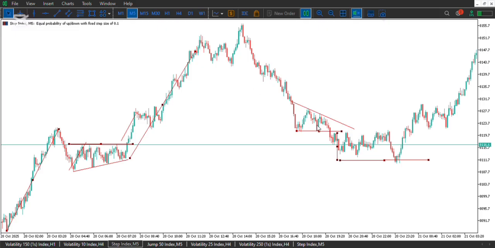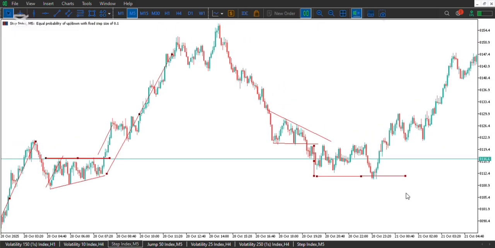So what you're looking at on the chart now is a pure demonstration of what you can get when you add this trading chart pattern to your arsenal of trading. It really helps a lot, and it gives you peace of mind.